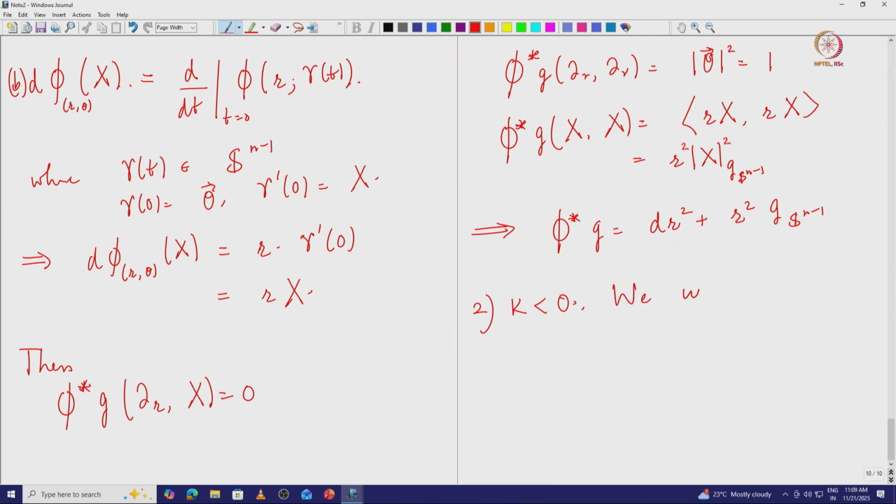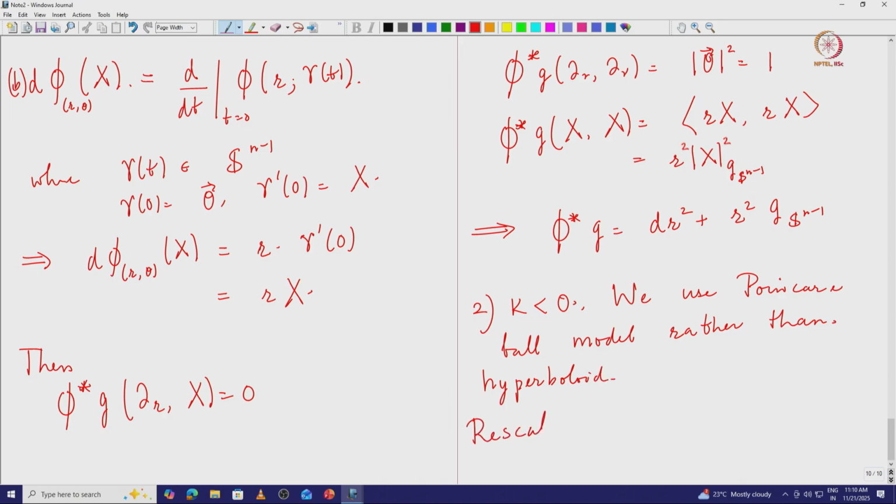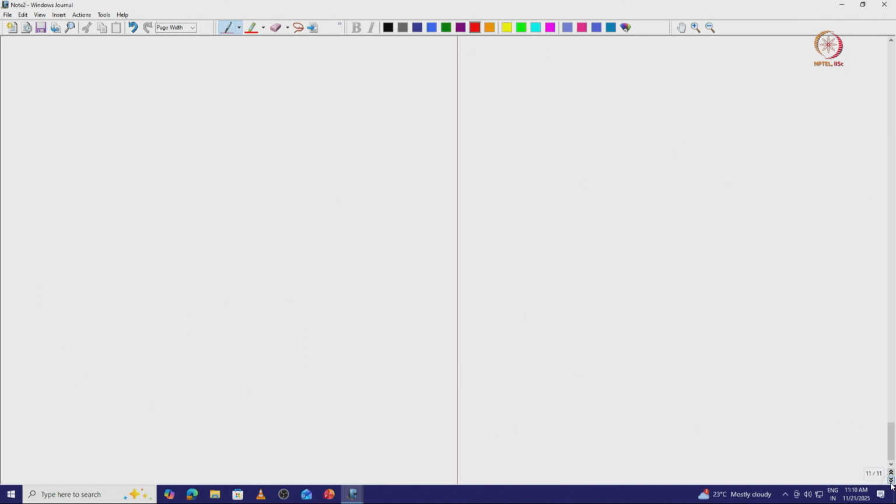So it is more convenient to actually use the Poincare ball model rather than the hyperboloid. Okay. Also by rescaling, we may actually assume that kappa is equal to -1. Okay. So then what is the metric on the ball?